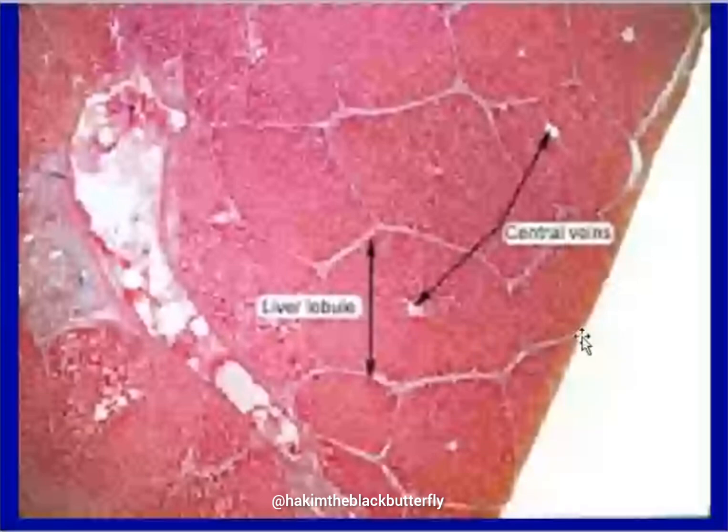They branch and reconnect and divide the liver into these roughly hexagonal units known as liver lobules.